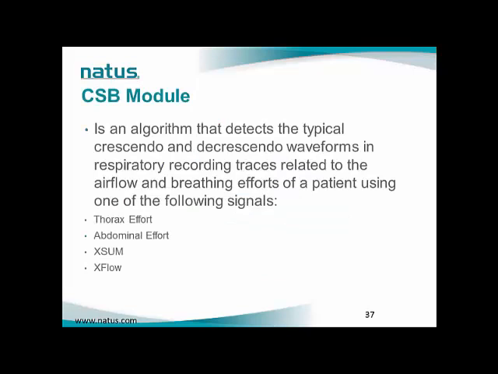The CSB module is an algorithm that detects the typical crescendo and decrescendo waveforms in respiratory recording traces related to the airflow and breathing efforts of a patient using one of the following signals: thorax effort, abdominal effort, X-sum, and X-flow.